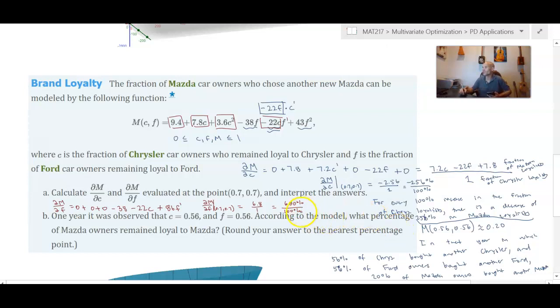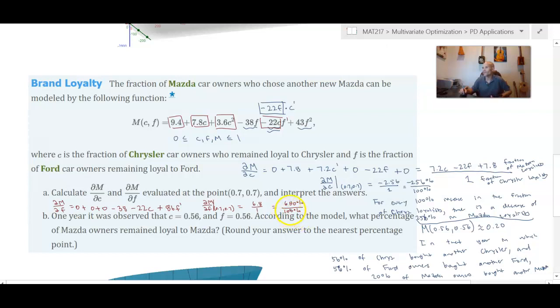And we would say something similar. We would say that for every 100% increase in Ford owners, there is a 680% increase in Mazda loyalists, right?